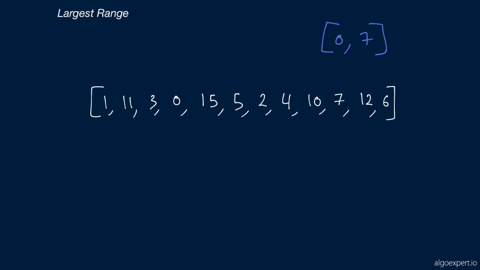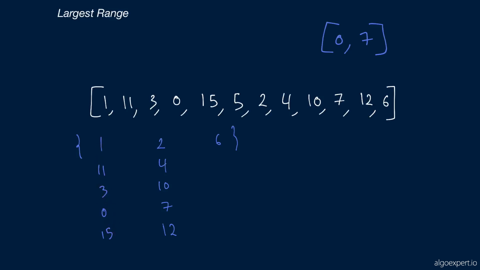We're going to store all the numbers in a hash table. I'll write the hash table here on the side, and we'll just put all of the numbers. 1, 11, 3, 0, 15. Then we've got 2, 4, 10, 7, 12, and then we've got the number 6.